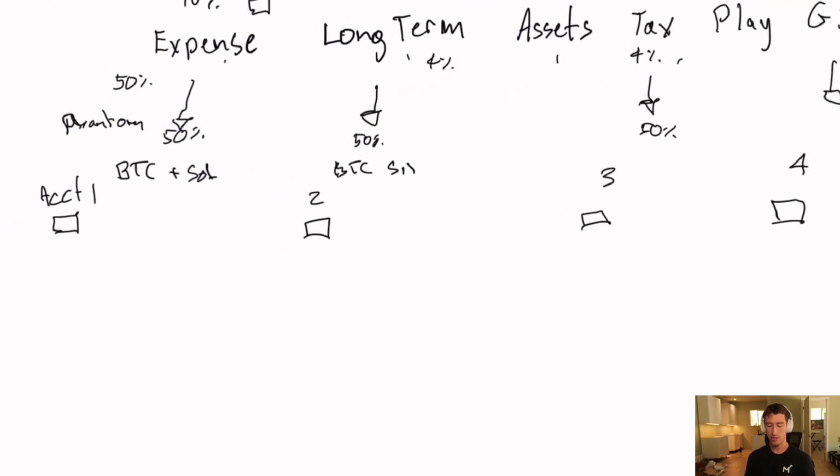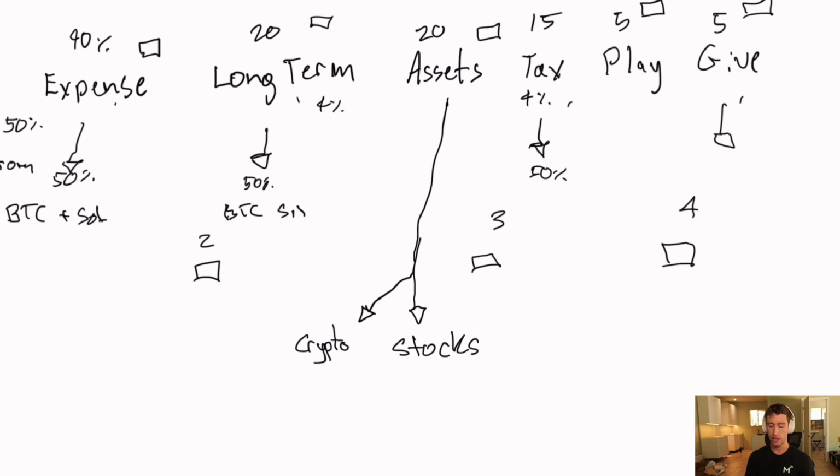Now, when it comes to assets, assets are a little tricky because they depend on your situation. And there's a different season for different assets. So one of the assets in this case would be crypto, like you have some going to crypto. The other assets most likely would be stocks, a large allocation I have. My assets go to stocks.